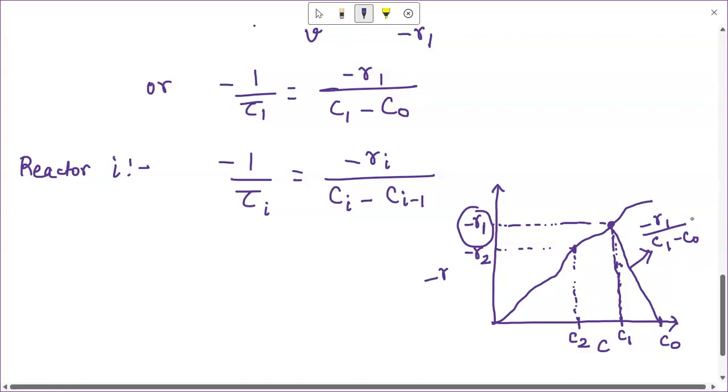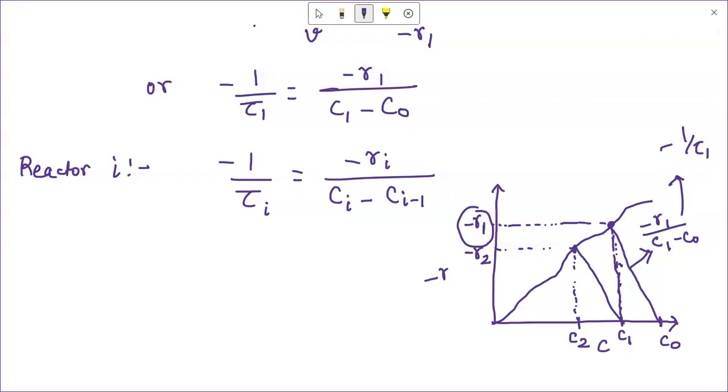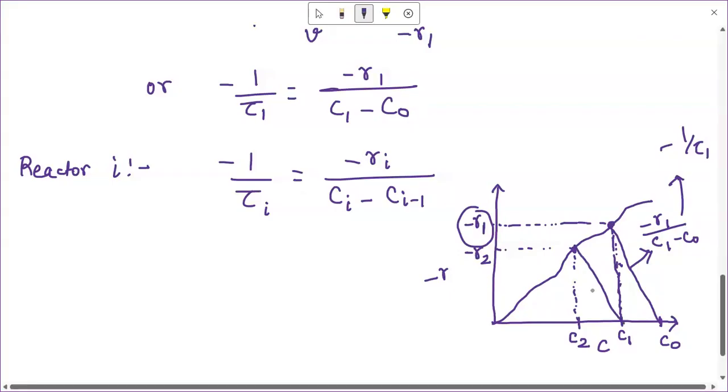Okay, and this, if you correlate with your design equation, is equal to minus 1 by tau 1. You can do the same thing when you go from C1 to C2, right? So this line slope will give you minus 1 by tau 2, and you can do this till the ith reactor.